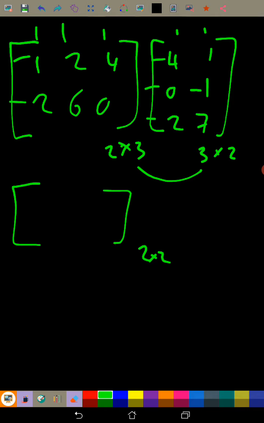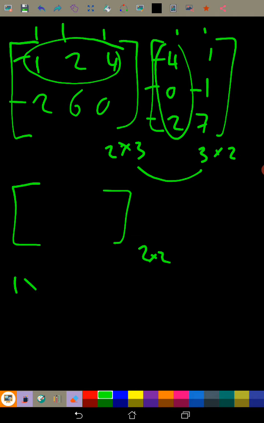Very important. We take this row and multiply by this column. So 1 times 4, plus 2 times 0, plus 4 times 2.